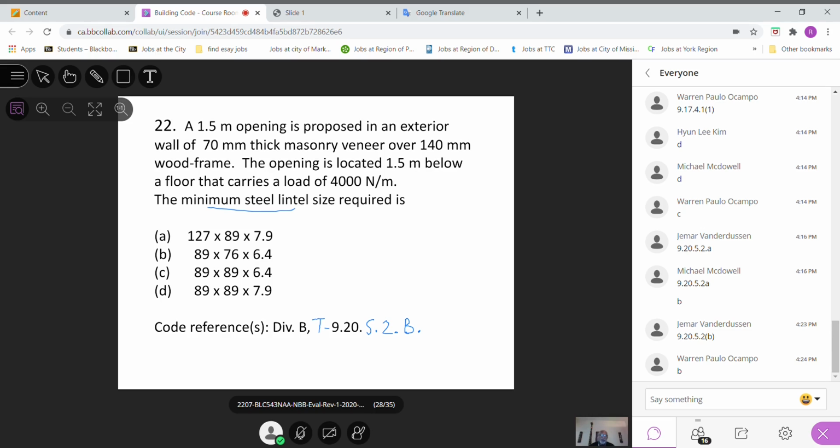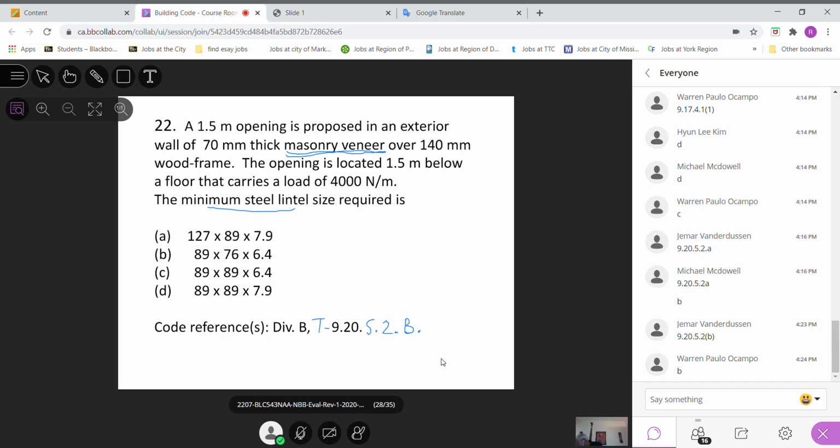So Warren, good choice from table. Go to the table, and we have 70 brick. The opening is 1.5, and in this case, from the question, although it has misleading jargon, it's a masonry veneer. Okay, that's what you're looking for, a veneer. Table 9.25.2B says maximum allowable spans for lintels supporting masonry veneer. Okay, so there's no excuse for getting the question right because you have words that lead you almost directly to the answer.